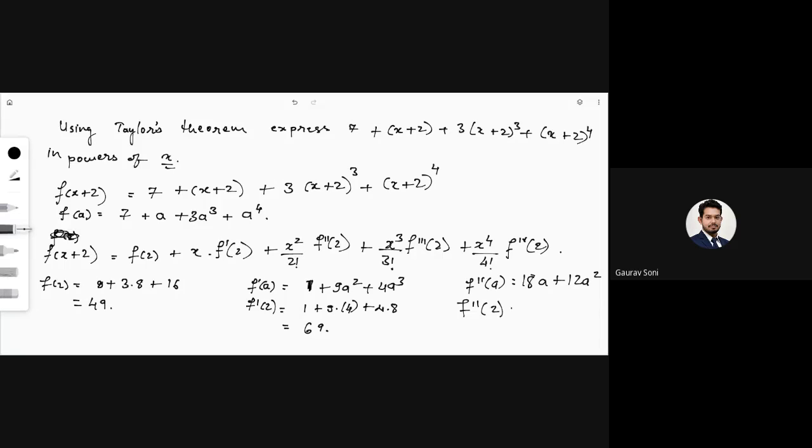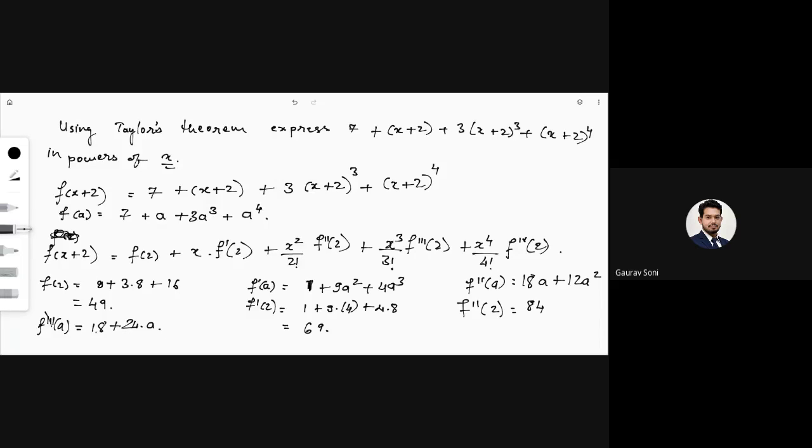So f double dash of 2 will be 18 into 2 plus 12 into 4, 48 plus 36, so that will be 84. f triple dash of a is equal to 18 plus 24 into a.